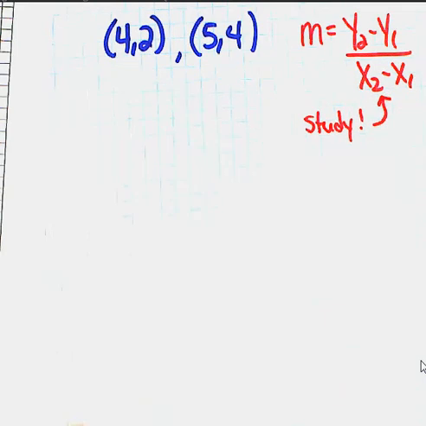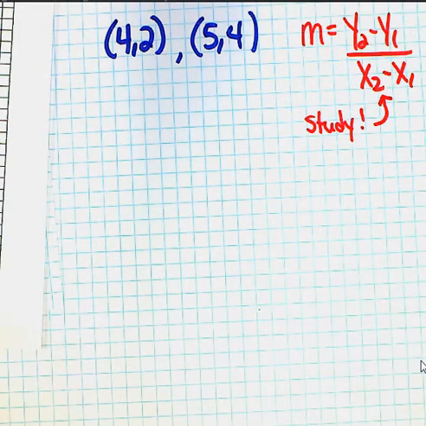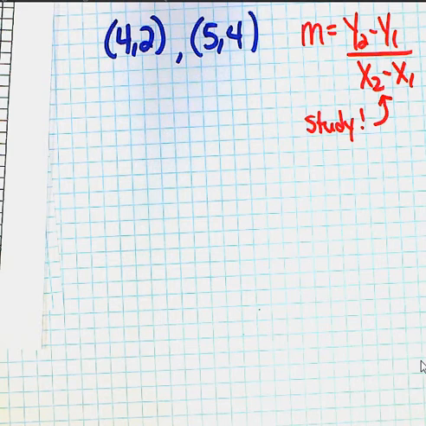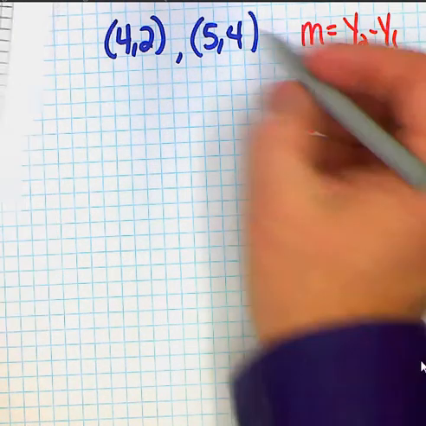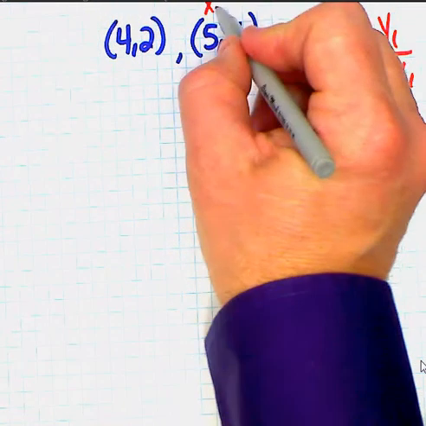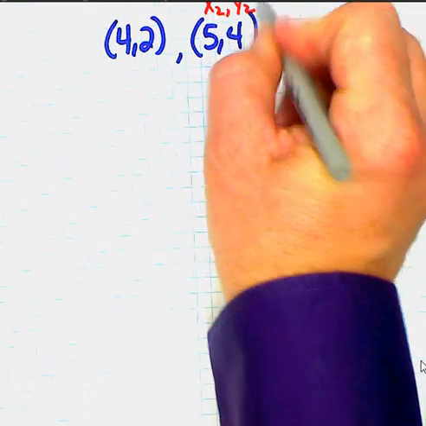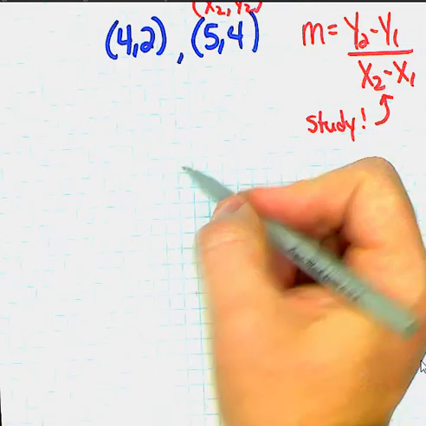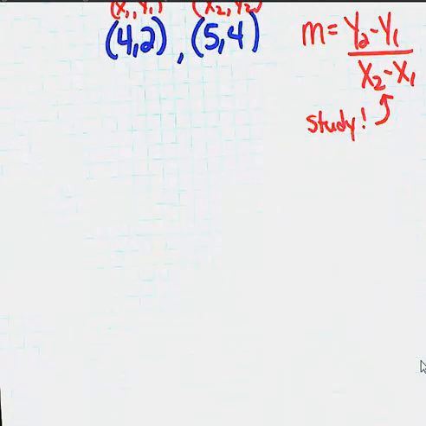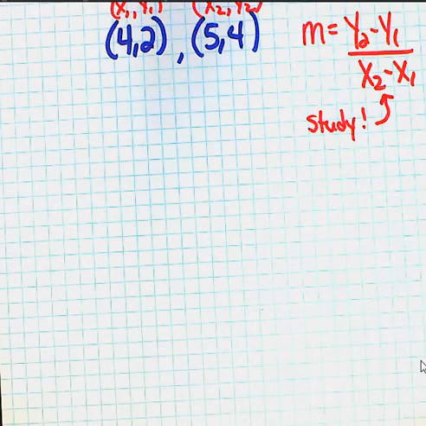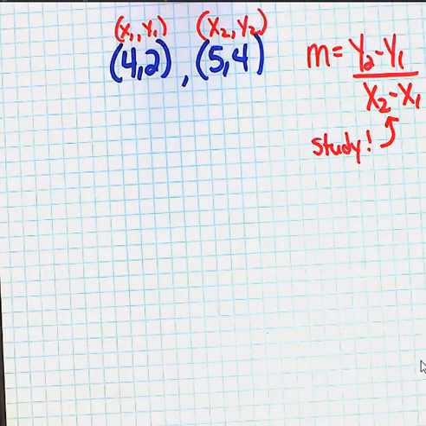All right, so once we know that, then you have a choice. You can either start plugging numbers in or you can label these numbers. Remember, the 2's and the 1's just refer to the points. This is my second point, so this is my x2 and my y2. If that helps, you can do that. This is my first point, so this is my x1 and my y1. And then if you have that labeled, you can just bring that down into your formula. So here we go.